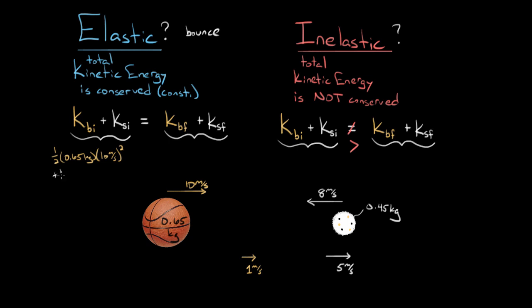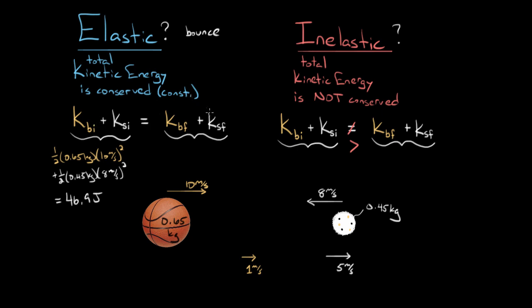So it's going to be plus another 1/2 times the mass of the scoop of ice cream times its initial speed, which was 8 meters per second. You might say, isn't it -8? Well, we're going to square this anyway, so it doesn't matter. So don't forget the square. And if we add all those up, we get 46.9 joules of total initial kinetic energy.